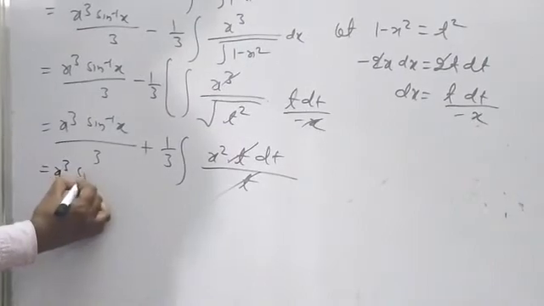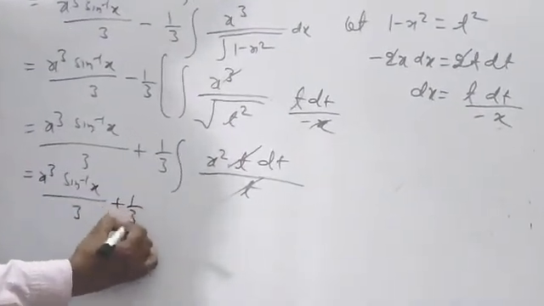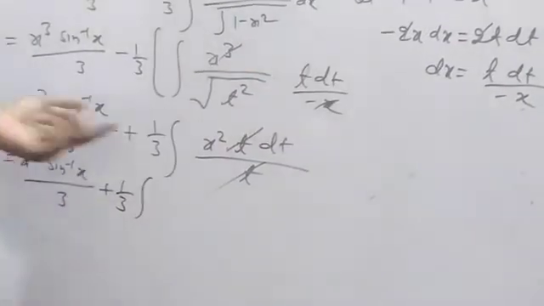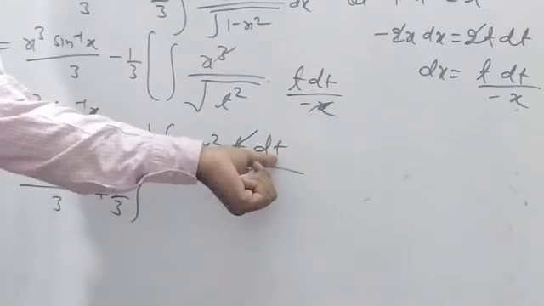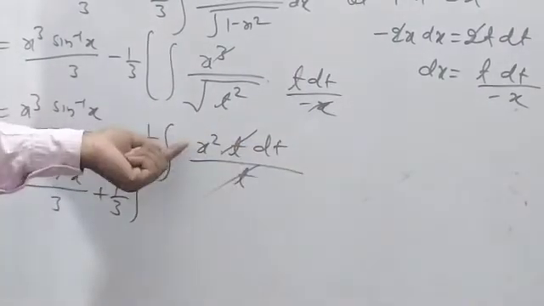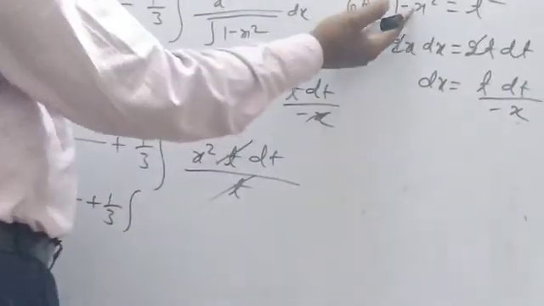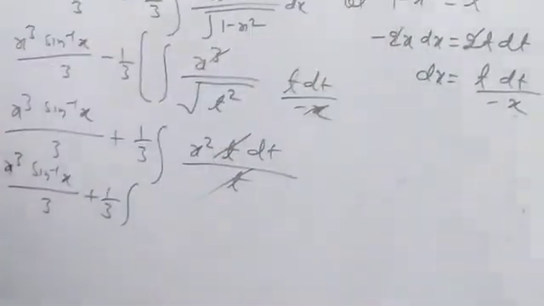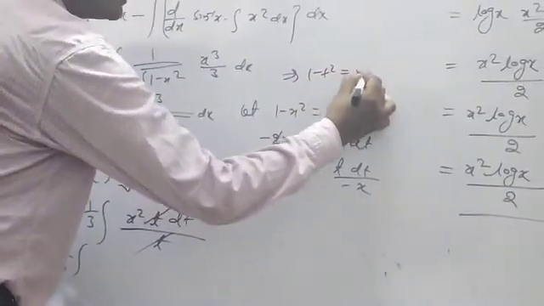and x cube sin inverse x upon 3 plus 1 by 3 integration of x square dt. Whatever variable is here, in the same variable we have to change the value of this function. What is the value of x square? You can find 1 minus t square is equal to x square here.